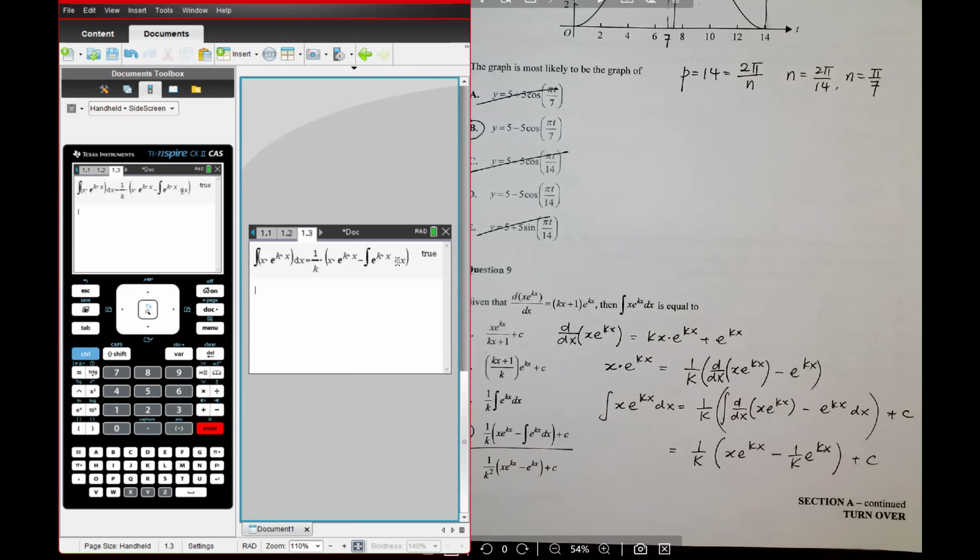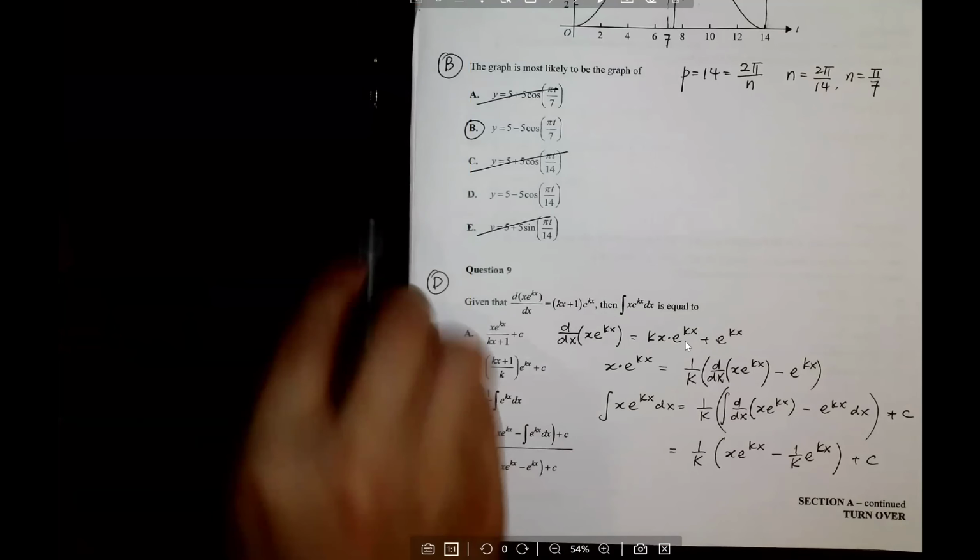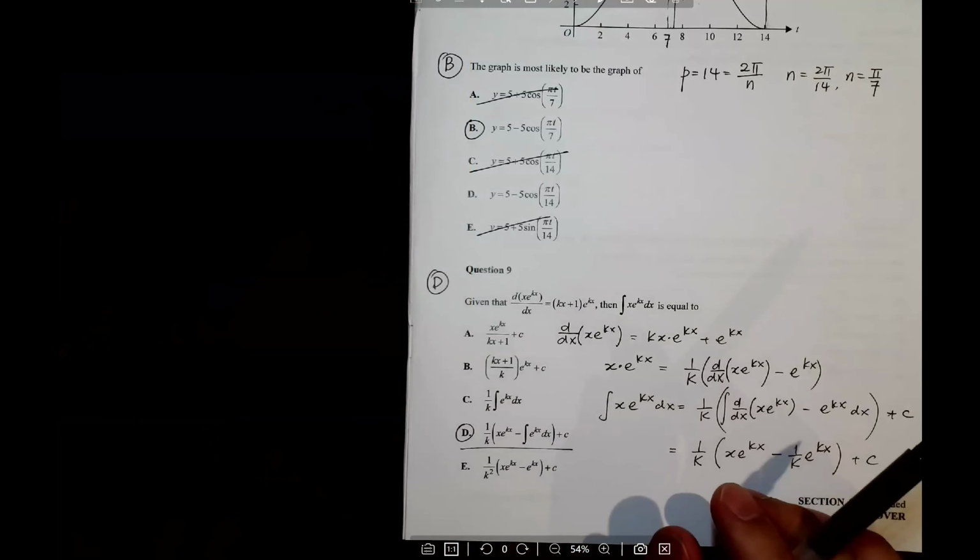And you can see the CAS calculator tells you it's true. It's because this expression at c equals that expression at c. Okay, so that's question 9, option D. Then we can move on and look at the other questions.